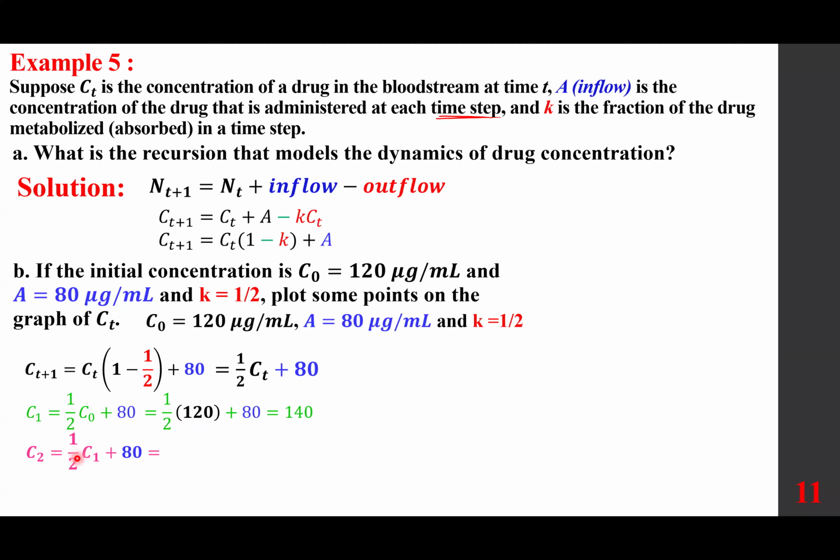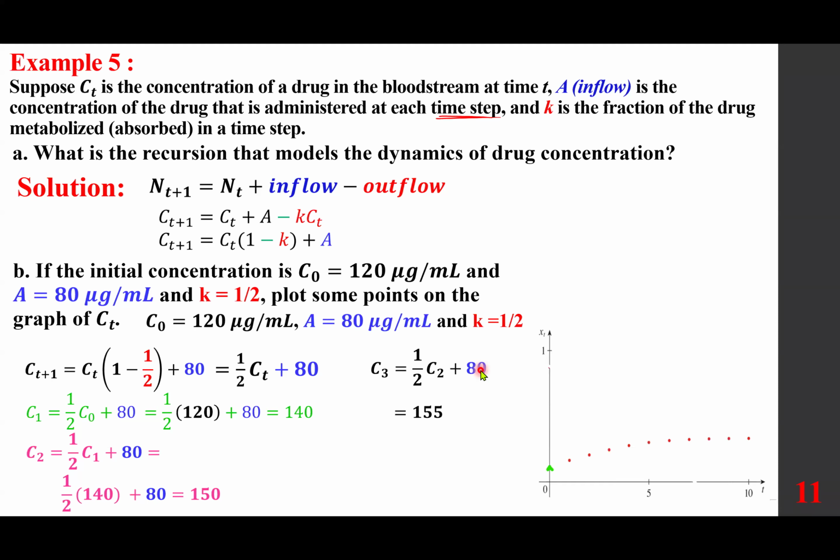So half of this, 140, is 70, and 80, 150. The next one, C sub 3, is half of C sub 2 plus 80. That means half of this, 75, and 80 is 155. And you continue, you look at a few more, and you plot those pairs.